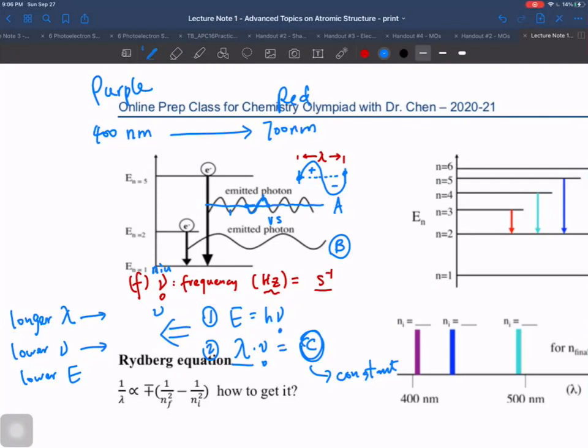Do you need to memorize this? No, because based on your life experience, you already know UV light is harmful. Why is it harmful? Because it has too much energy. If you go to the beach and do not wear sunscreen cream, your skin will be burned, right? Because there is just too much UV light, and UV light has higher energy.